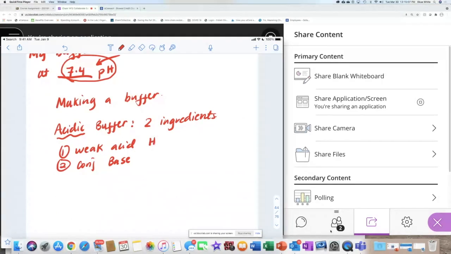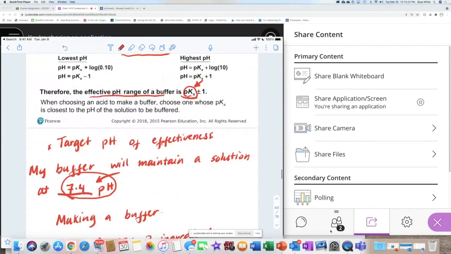You can pick hydrofluoric acid, or you can pick, these are the common acids, acetic acid, C2H3O2. These are both valid weak acids, right? But you want to pick the one whose Ka or whose pKa is closest to the pH you want.